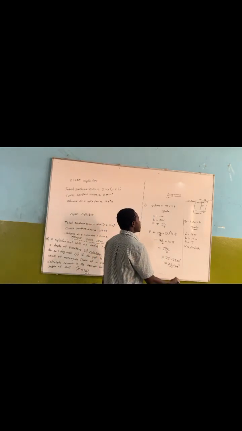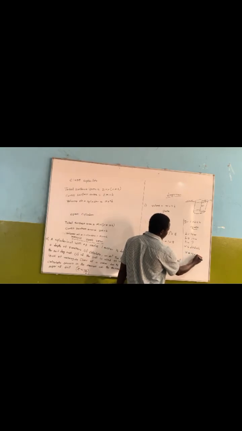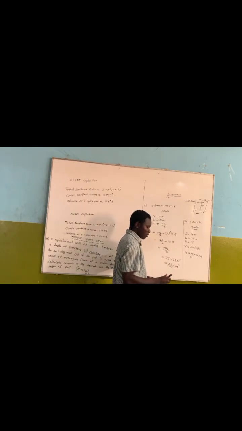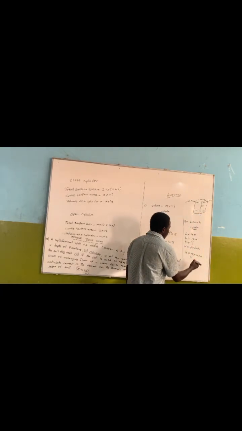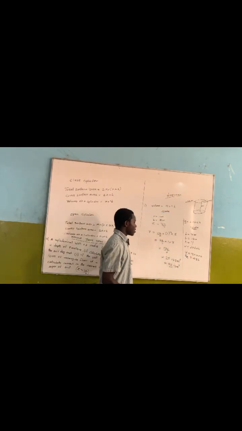So volume is equal to 12 times 4, all multiplied by the height. Using my calculator, 12 times 4 is 48, so we have 48H. So the volume of the rectangle is 48H.